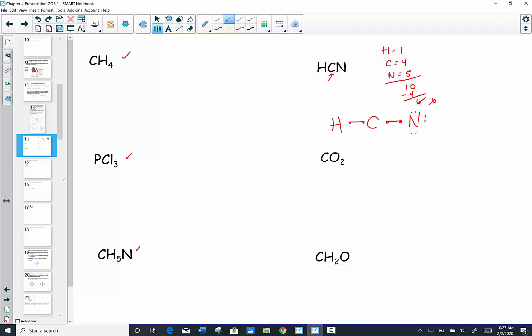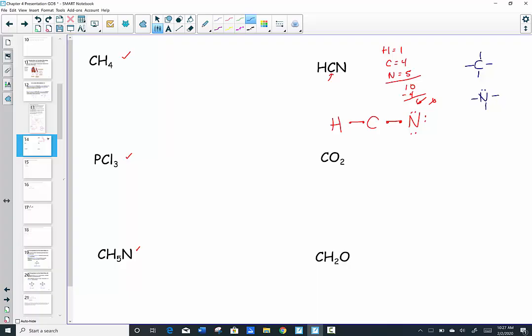Clearly you see that the carbon is not yet satisfied. It needs to have 4 bonds. Nitrogen is fine, you can see that it has 3 sets of dots and 1 bond. But do you remember what we've learned? Carbon needs 4 bonds. Nitrogen needs 1 set of dots and 3 bonds.